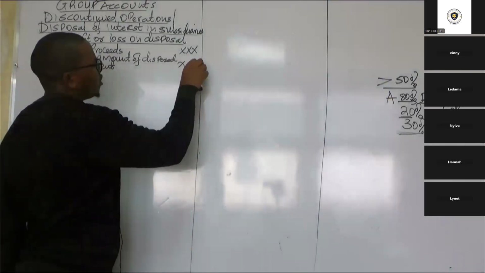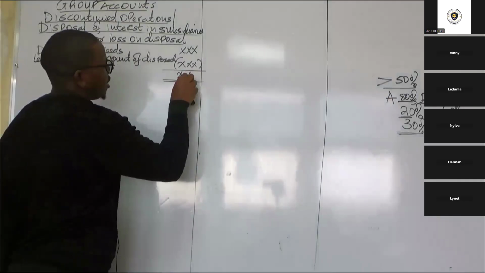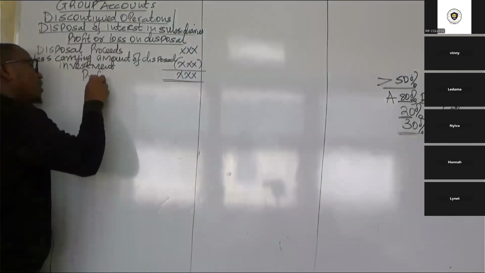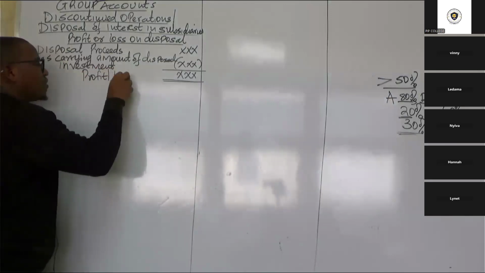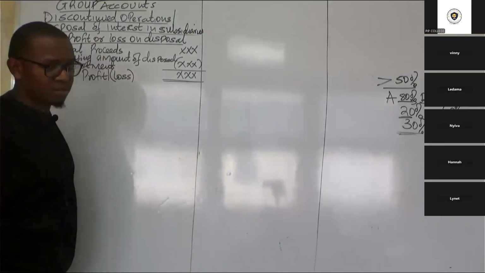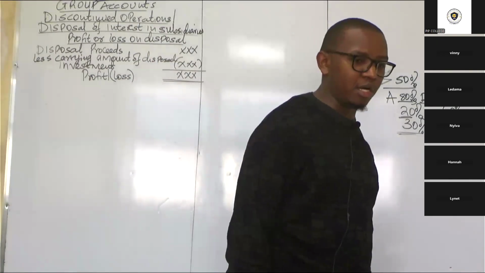That is what we take as profit or loss to the parent income statement.